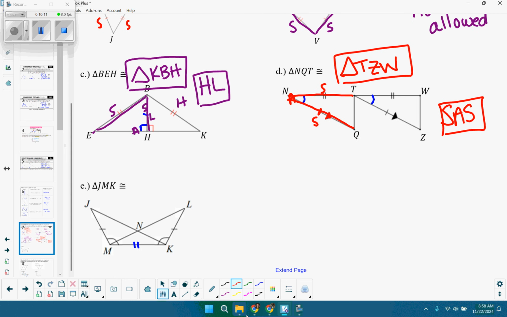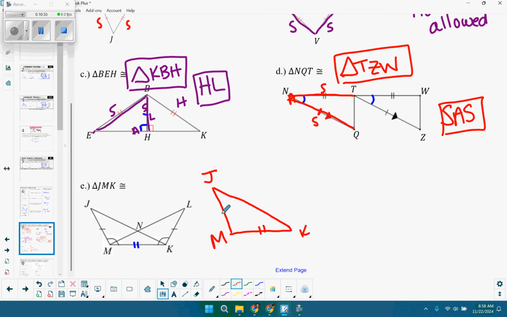The final one is probably the trickiest one. When I have pictures that really truly overlap like this, I tend to redraw them and I separate at least one of them. So this was J, this was M, and this was K. I know on MK I marked that with 2 dashes.